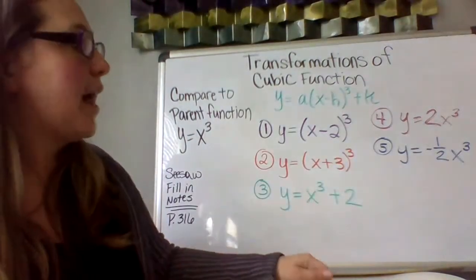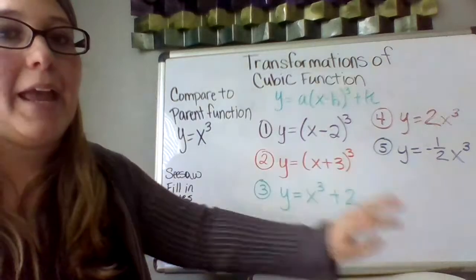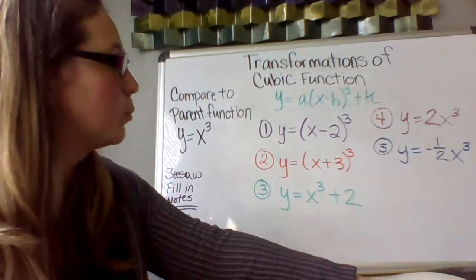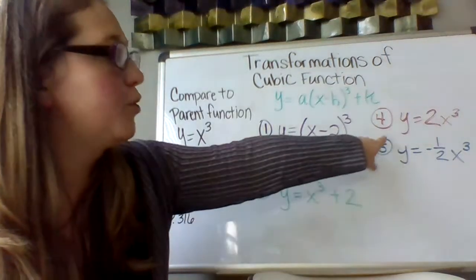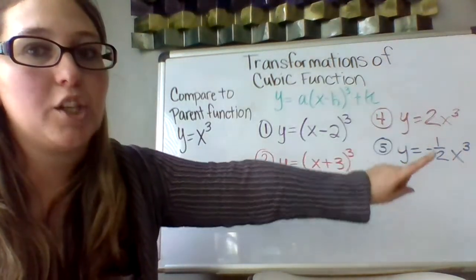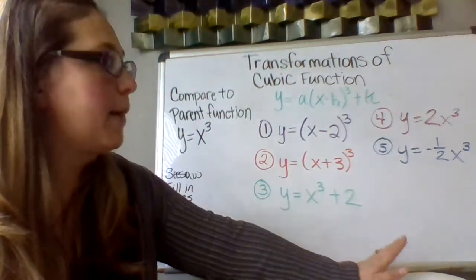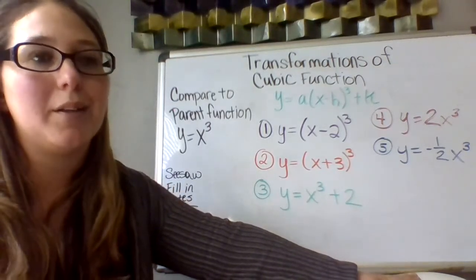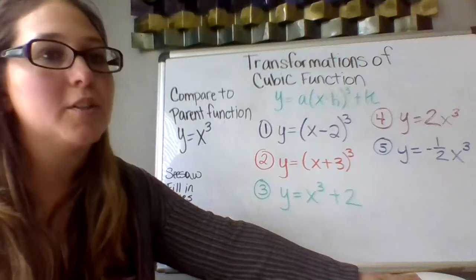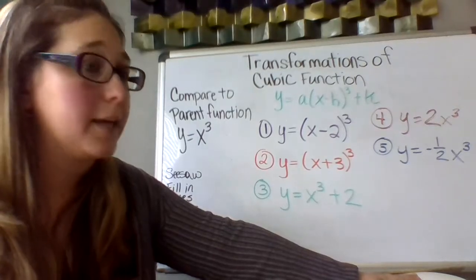Okay, now let's look at the a. The a is a little trickier because we're multiplying the function now. So if we do y equals 2x cubed, okay, well, think about this. If we do x is 0, well, it's still going to be at 0, 0. So our origin is still the vertex.